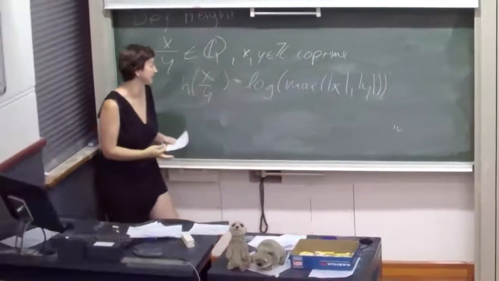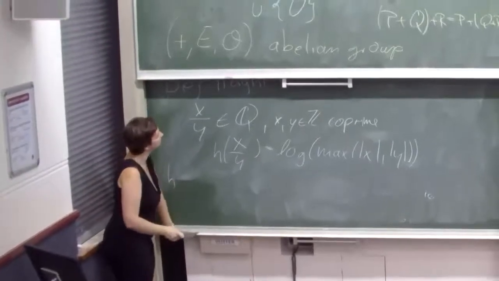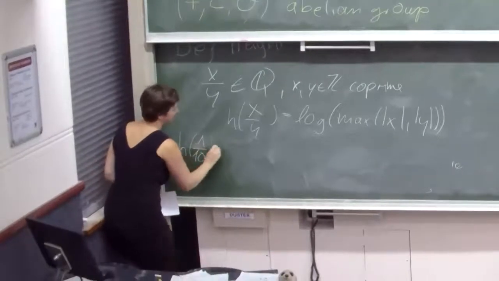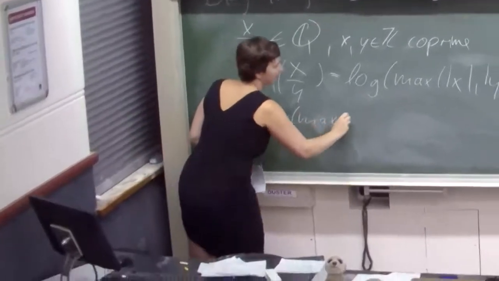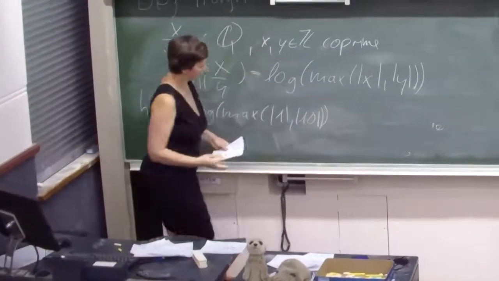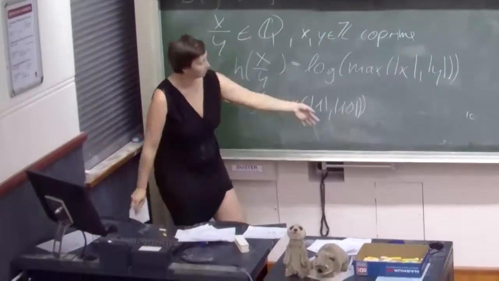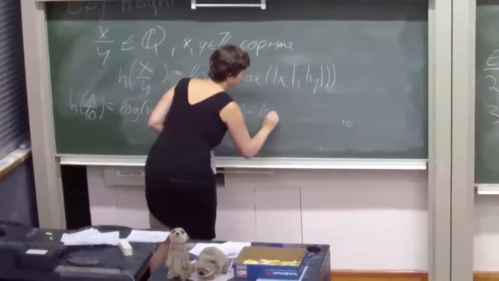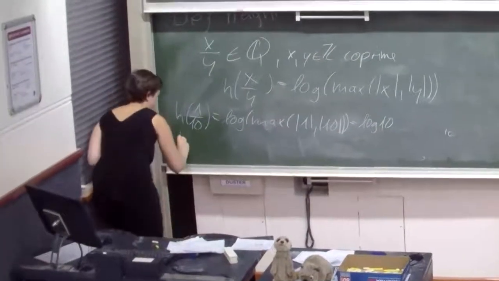So let me give you a few examples. What's the height of 1 over 10? It is the log of the max of the absolute value of 1 and 10. So the absolute value of 1 is 1, the absolute value of 10 is 10, the maximum of both is 10, so it's the logarithm of 10. What is the height of 10?